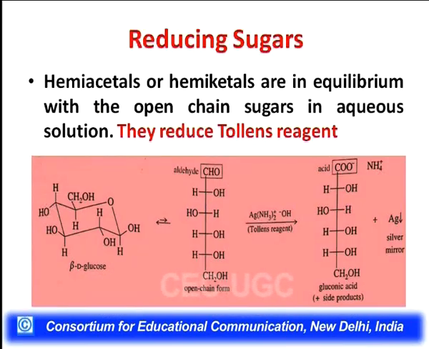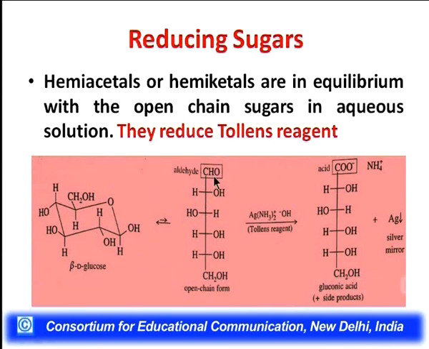So what are reducing sugars? Reducing sugars are hemiacetals or hemiketals, which are in equilibrium with the open chain sugars in aqueous solution, and they will reduce Tollens reagent. If I dissolve beta-D-glucose in water, it will undergo ring opening. When it does, the aldehyde group will be free.